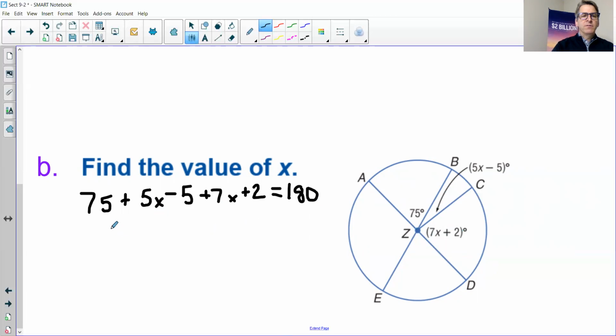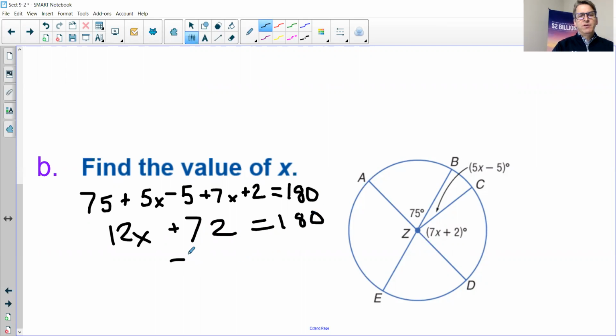So combining like terms, I have 12x plus 72 is equal to 180.